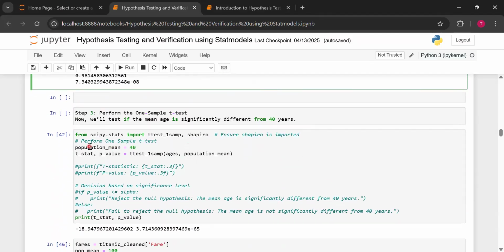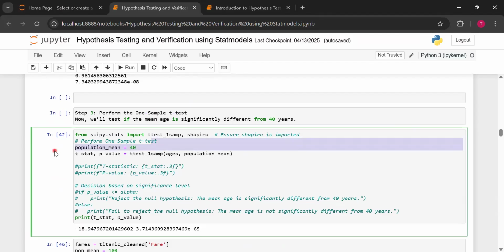Now, to perform a one sample t-test, you need to have the population mean, or the hypothesized mean, the known population mean. So we did assume that the average age for people in that ship was 40. But what did we find? It was 29.